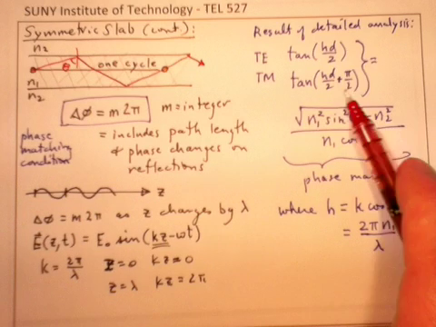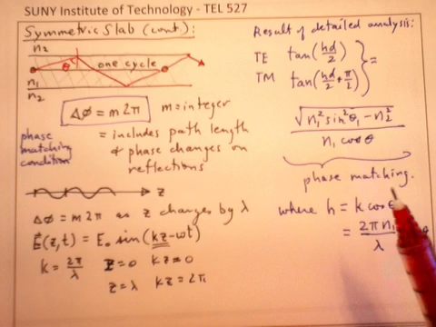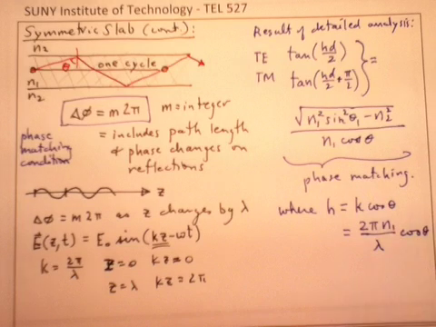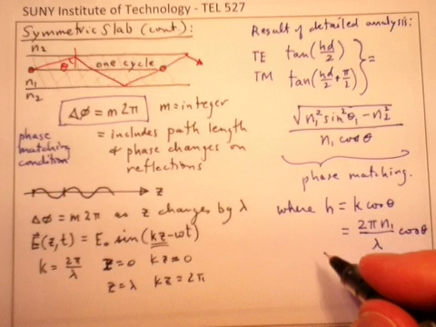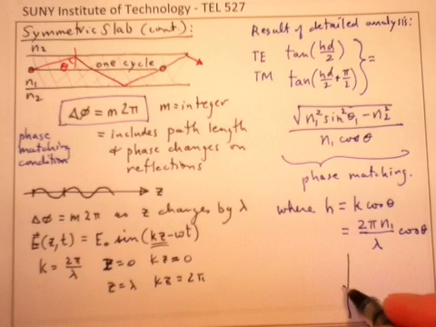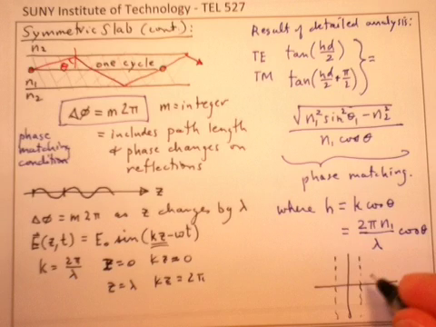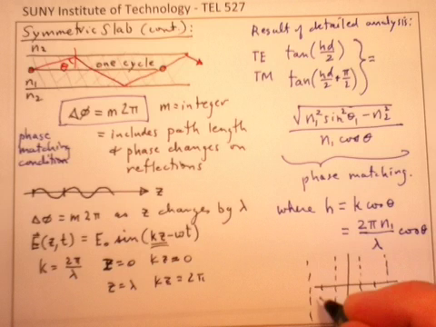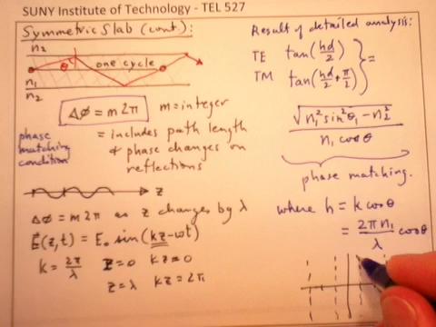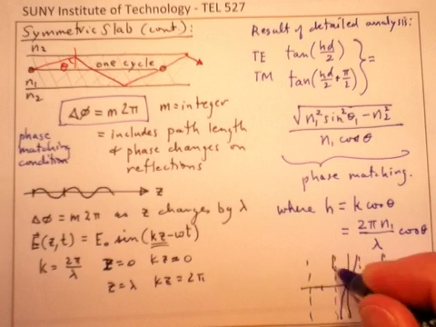So this whole right-hand side is a constant. And any time we have the tangent function equals a constant, then we have the possibility of multiple solutions. So we have our tangent function sort of looking like this, with lots of vertical asymptotes.